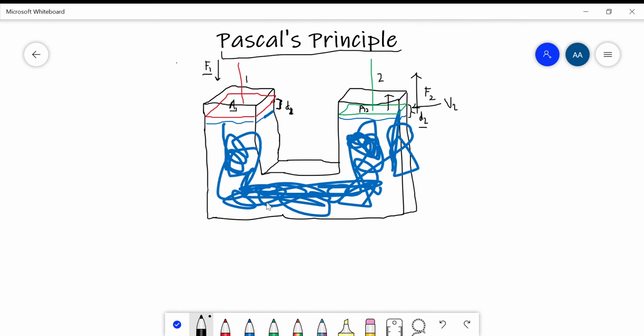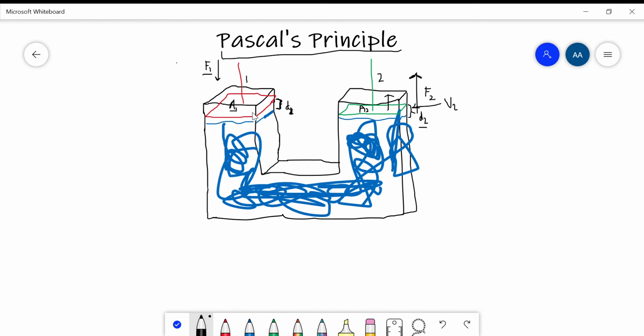So the water will push the green piston up, and it'll go up with the force of F2. And since it's incompressible, a certain volume of fluid was taken from here. This amount of water is going to be moved. It's going to move the water as a whole in this direction all the way to the green piston, and it'll push the green piston up.